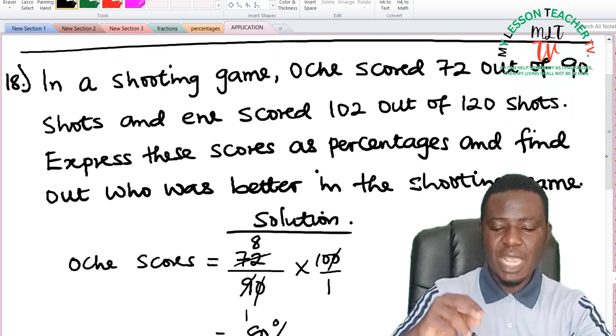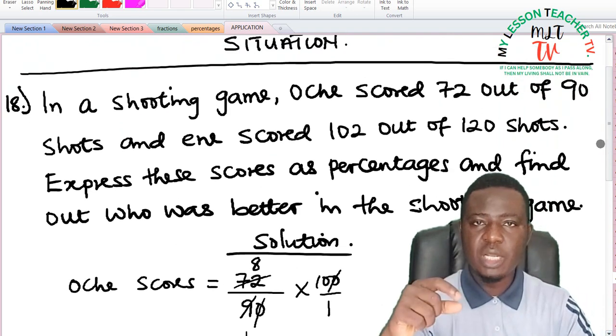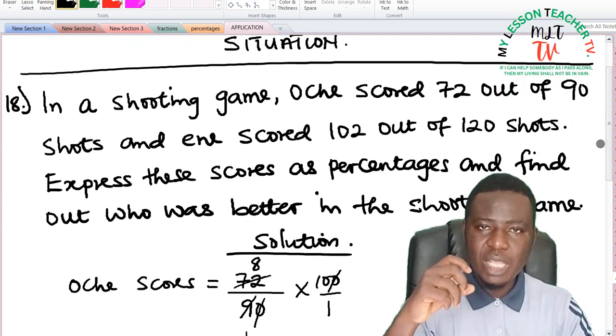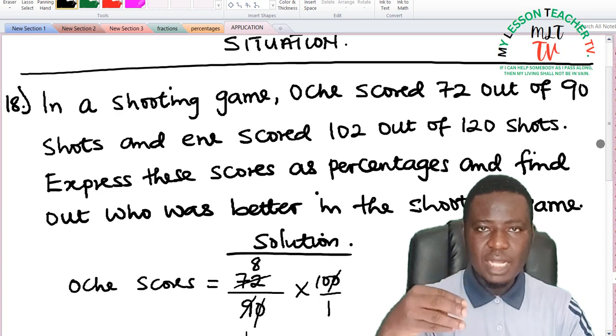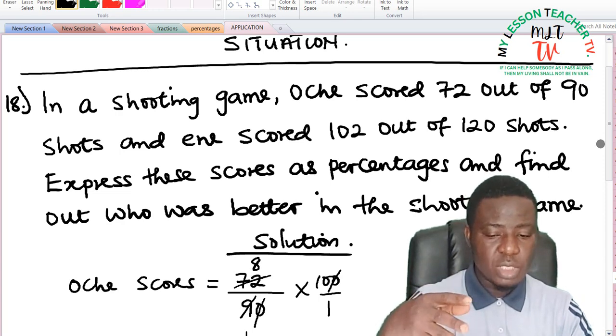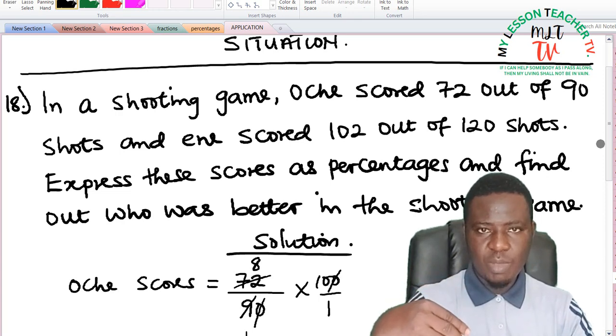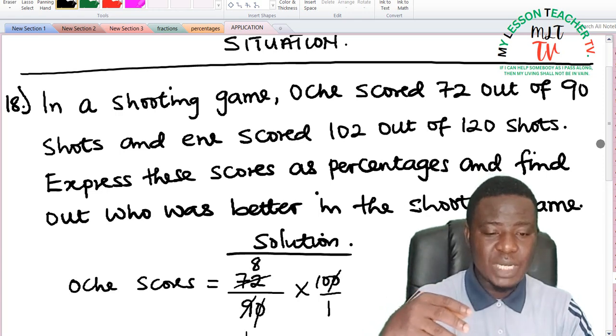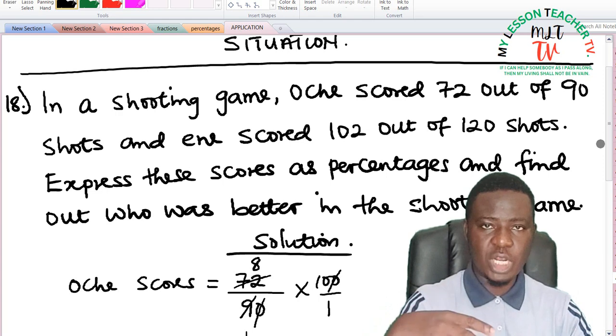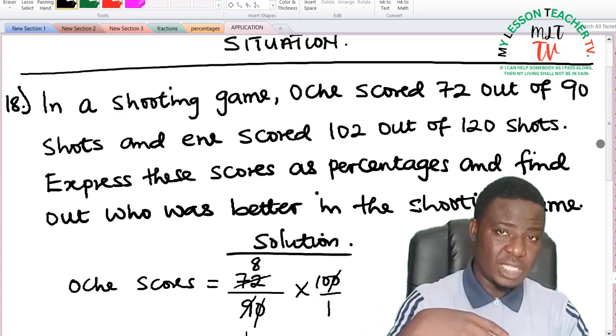That means Ene did better than Oche, but it is not in all cases whereby somebody who has more score than the other did better, because most times Ene's score may be 102 out of 200, but that doesn't mean he did better than Oche, who may have scored 72 out of 80.